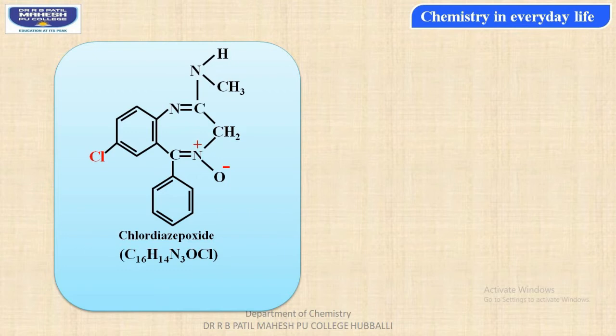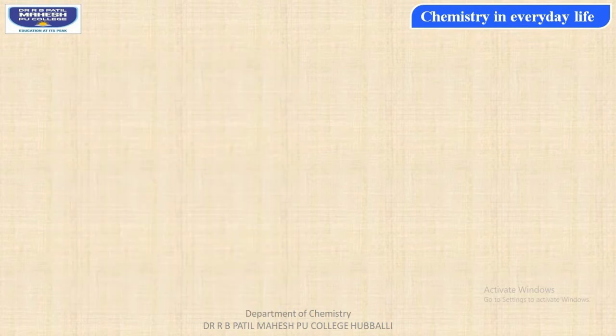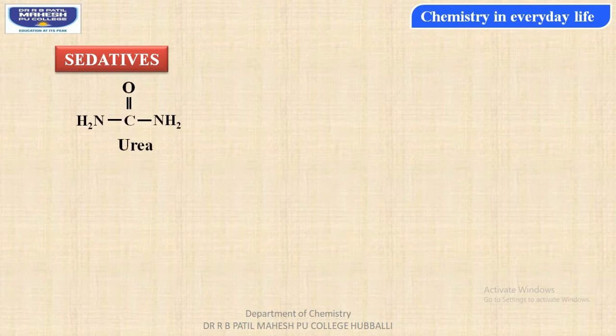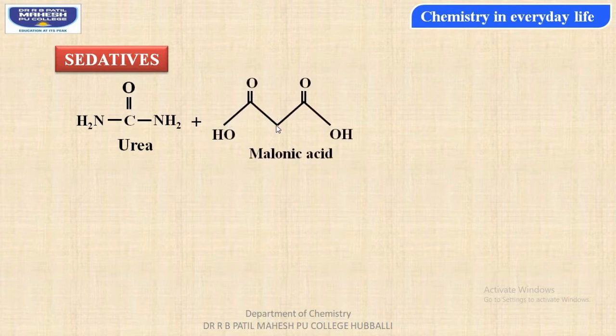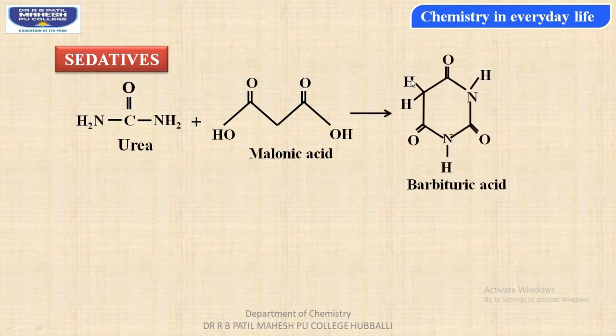Next students, we shall study about sedatives, synthesis of barbituric acid, which can be done by using urea, that is NH2CONH2, which is made to react with malonic acid, that is COOHCH2COOH, malonic acid. Then students, this results in the formation of a ring structure which is barbituric acid.